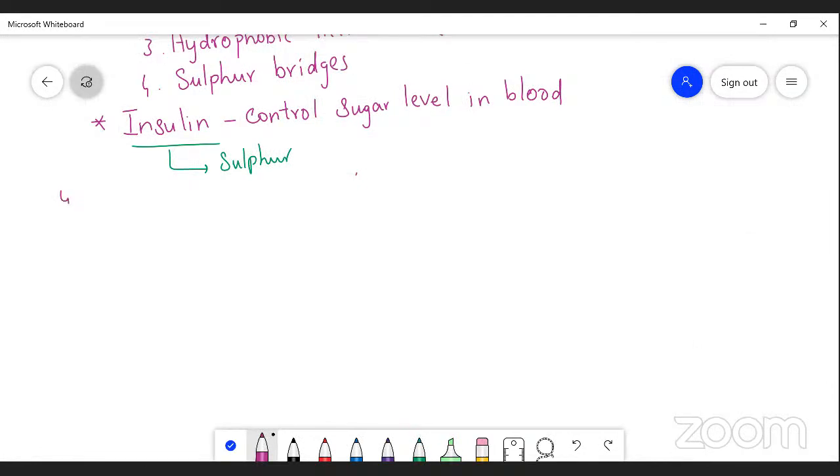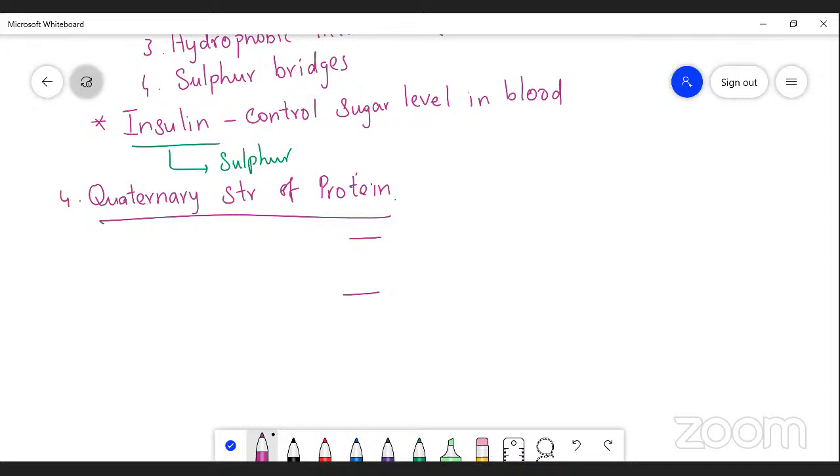So the fourth structure is the quaternary structure of protein. Here, we are taking some proteins which contain more than one polypeptide chain, that is, they are made up of more than one polypeptide chain.